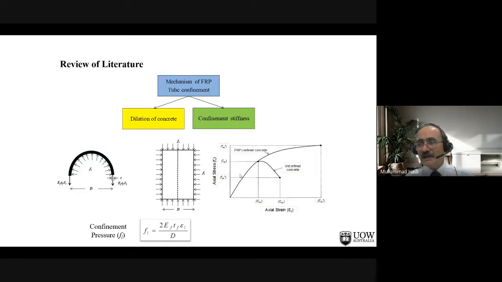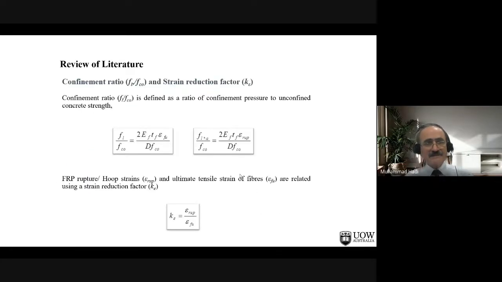And we have all this idea on the right hand side, the curves. You can see if we have confined concrete, this is the behavior. If it is unconfined, it is uniaxial loading. But if it is confined, it changes from uniaxial to triaxial. So due to Poisson's effect, you have higher strength. And there is this relationship between the confinement ratio and strain reduction.